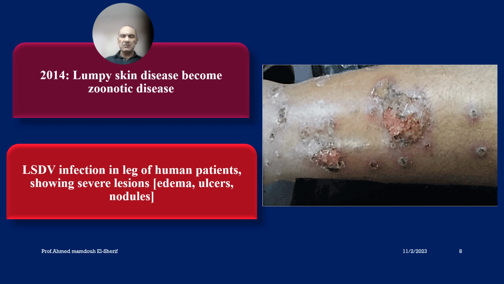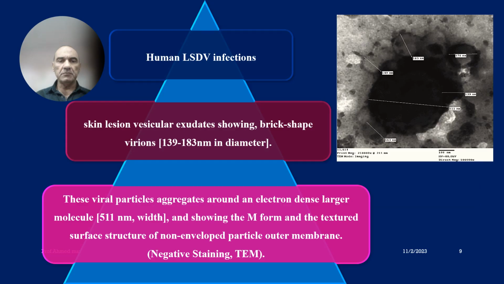So please, for all veterinarians, students, researchers and specialists, please keep in mind dealing with infected or suspected animals to be infected with complete precaution, as it has become a zoonotic disease.